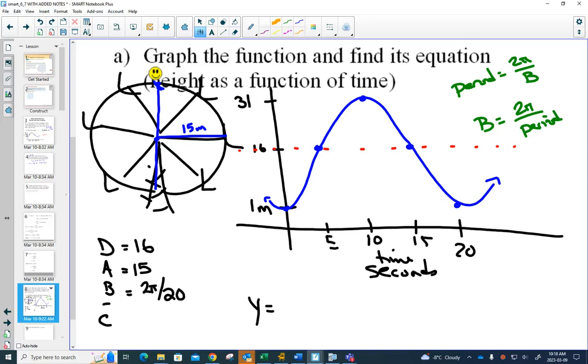So a negative cos graph, well, your A is still 15 cos. Your B is 2 pi over 20. A negative cos graph is the most common because do you see there is no shift in a negative cos graph. So your starting point would be right here. And I'm going to draw a black dot for that spot. Then your D value is still plus 16.